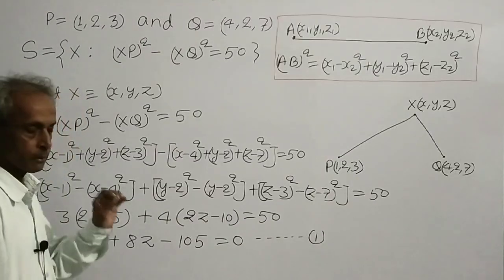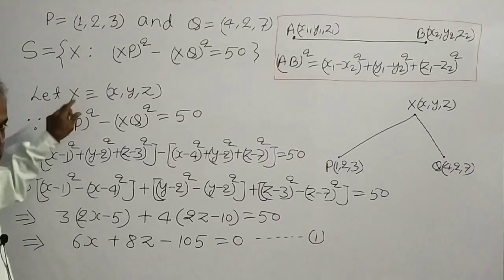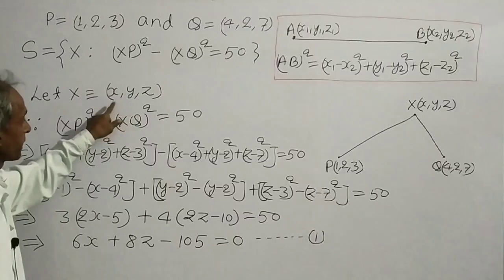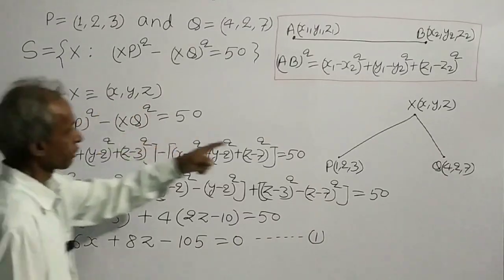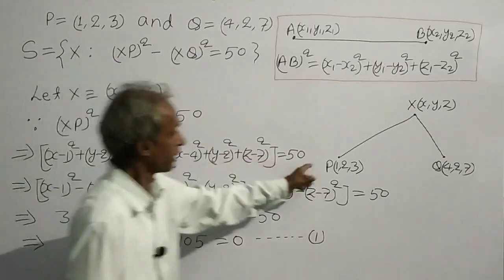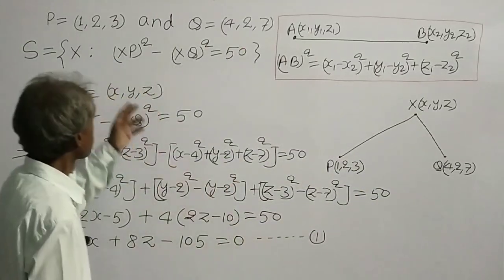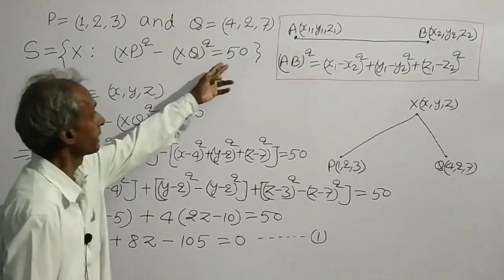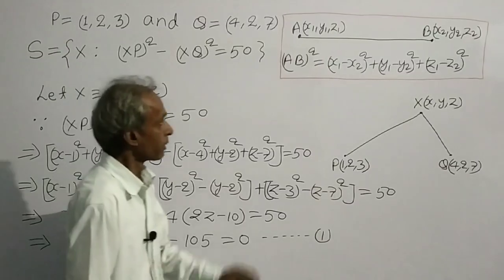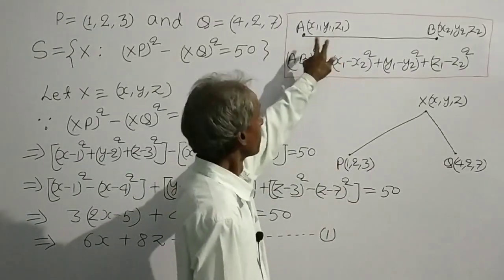Since we have to find the locus of point x, we suppose the coordinate of x as (x, y, z). Now this is x, this is P, and this is Q. Since this condition is given, now we will apply this formula.